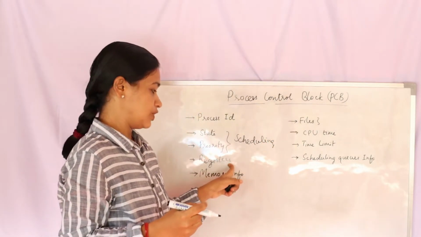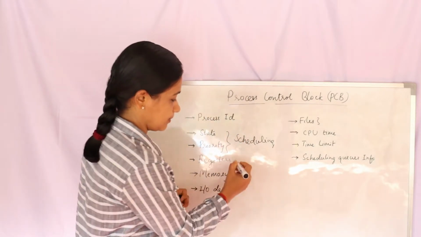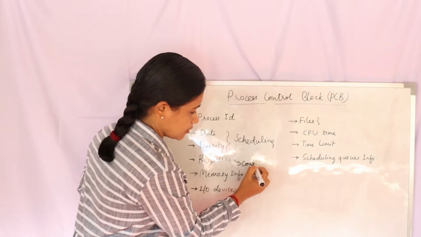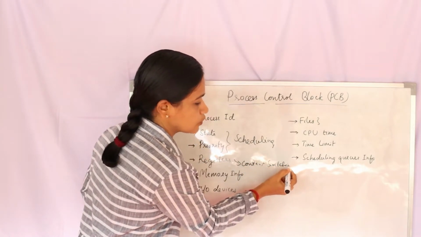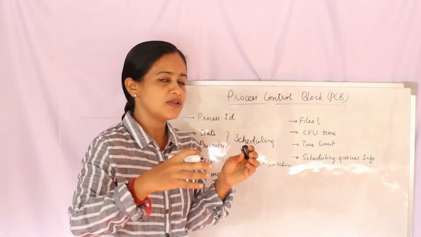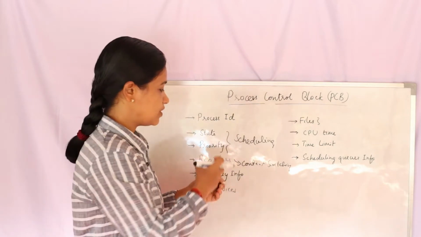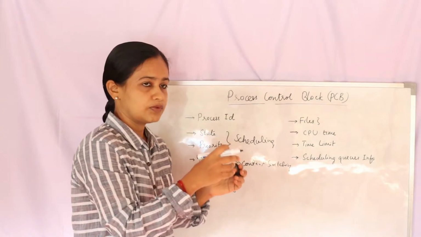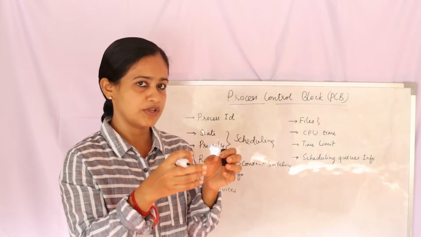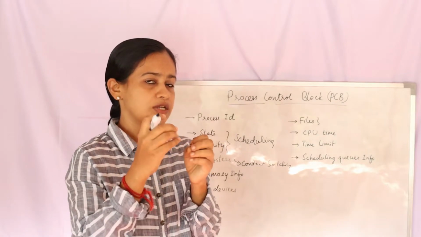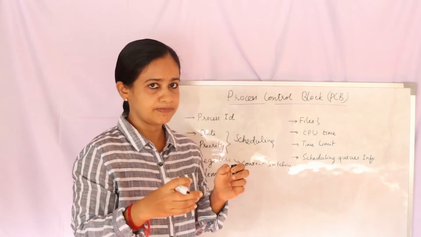Then I have register values. This is particularly useful in context switching. How is it useful in context switching? When a process changes from, for example, running to waiting state, the register values are stored, the program counter values and the state in which the processor was when the process transitioned from running to waiting state.